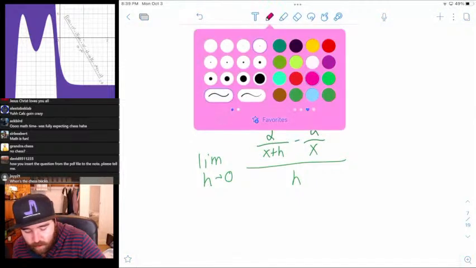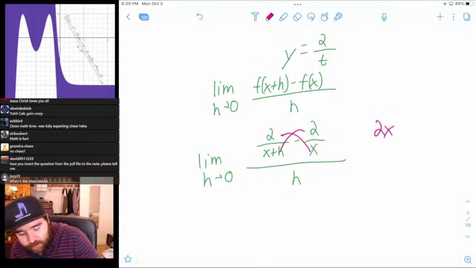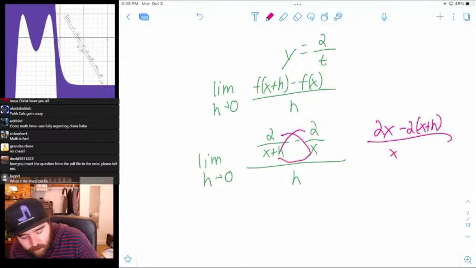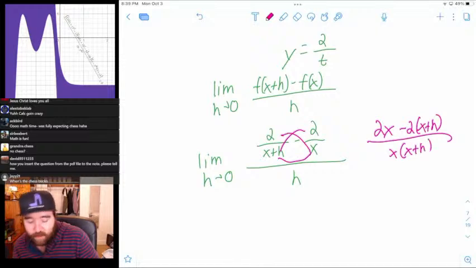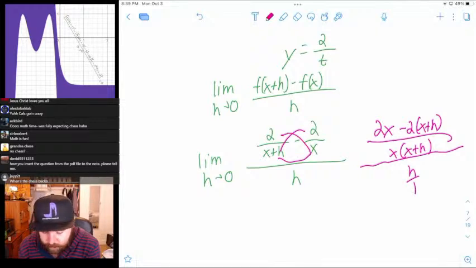It's just a pattern of common denominator. So I'm going to do that times that, 2x, minus that times that, minus 2 times x plus h, over that times that. So that's just finding a common denominator. But it kind of blows a lot of people's minds when they see how easy it can be to think about. And see, this is nice because now it's just a fraction divided by a fraction.